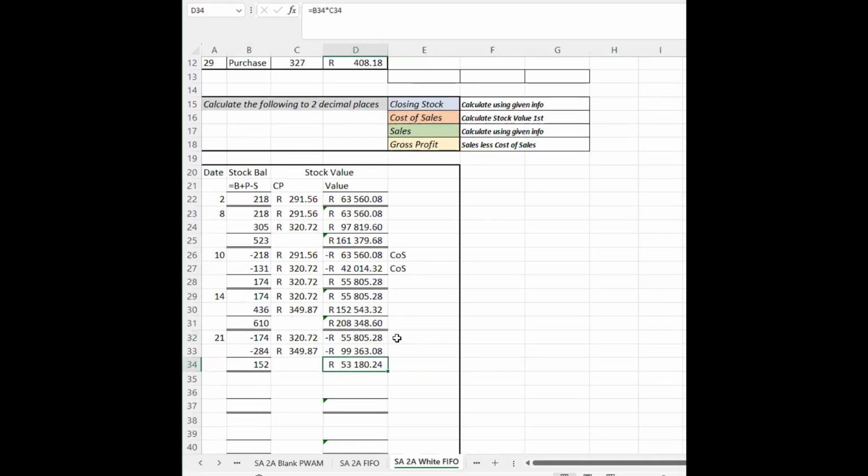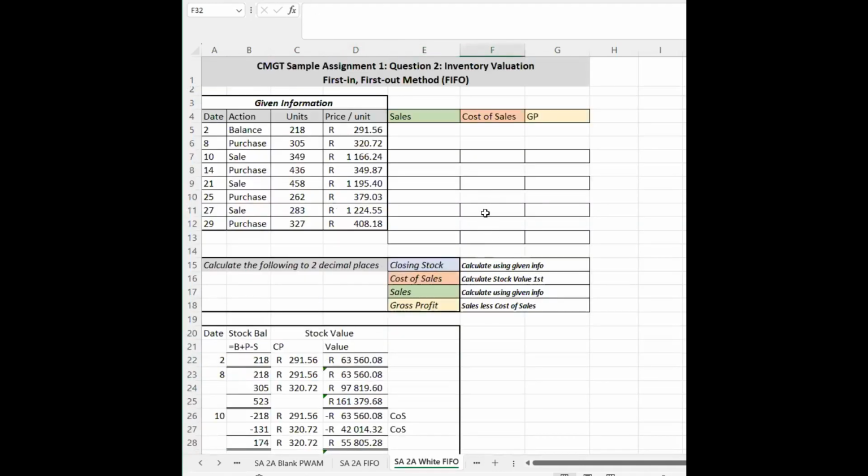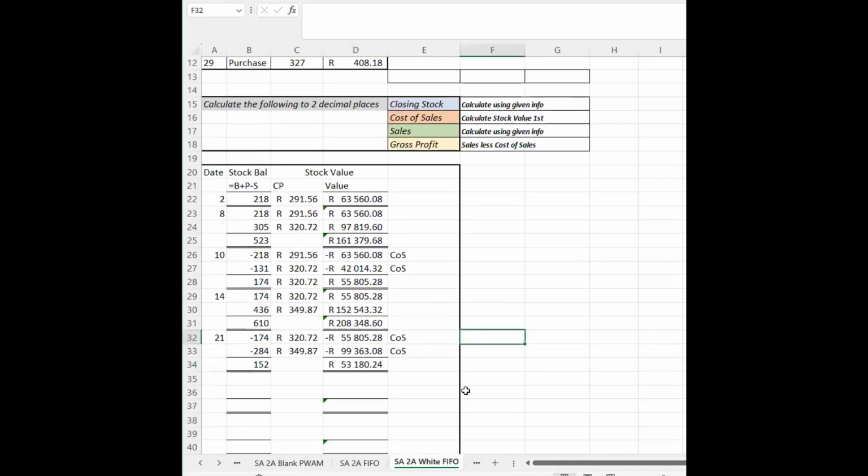Now, what you will see at this point in time, and of course, once again, these are our cost of sales numbers that we are going to use up here when we do the totals. Which you will know, the number of stock items cannot change if we use another system, but of course the stock value will be slightly different.